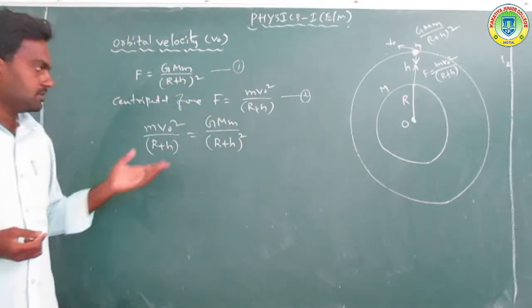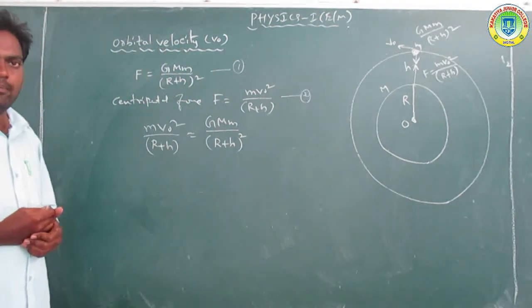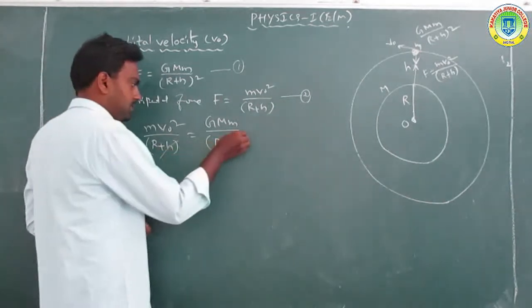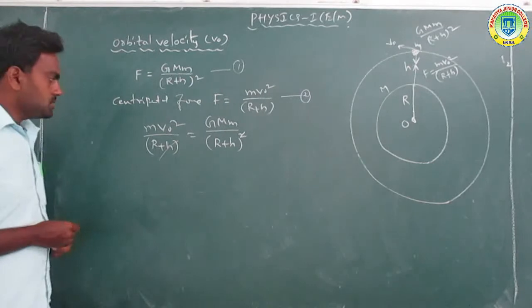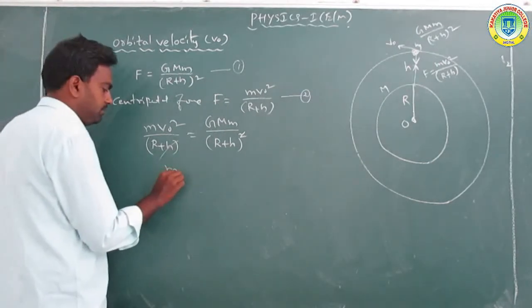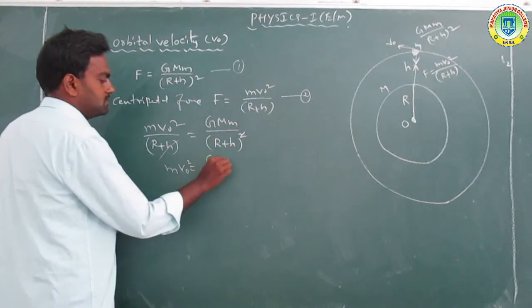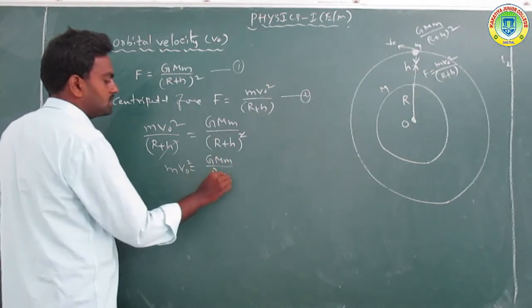To find the orbital velocity v naught, R plus h cancels, and the remaining equation we get is m v naught square by G capital M small m by (R plus h).